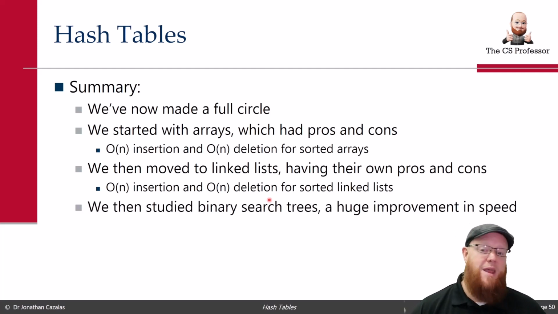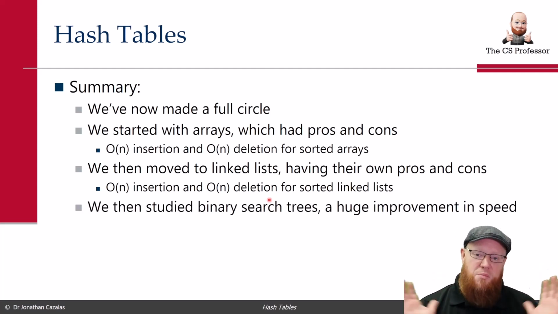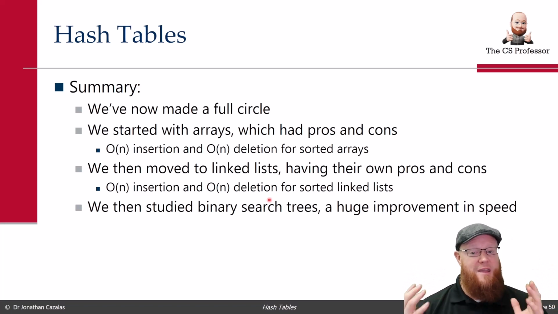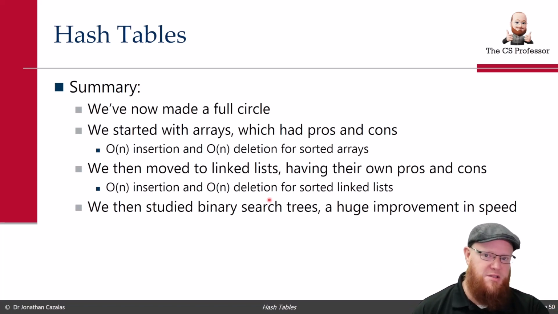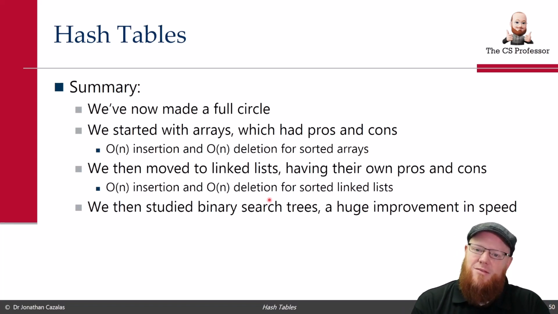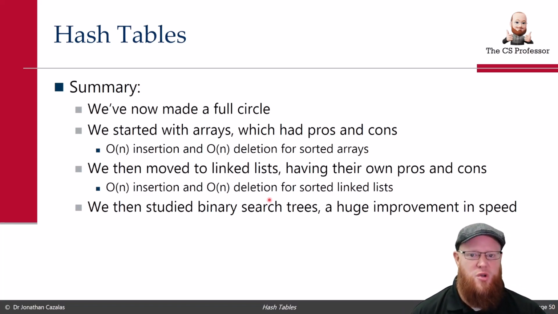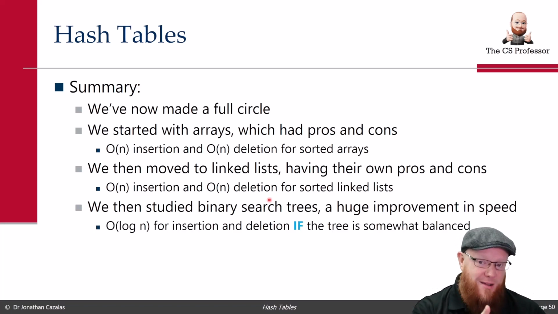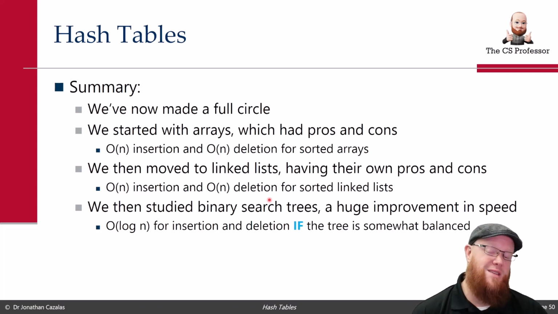We then studied binary search trees, which was like, whoa, it was an epiphany because now we had a dynamic data structure, if balanced, O of log n insertion, O of log n deletion, a really cool idea of embedding this super amazing fast thing called binary search into a dynamic data structure. Amazingly cool, but still O of n if the tree is skewed. So it's a O of n worst case scenario.